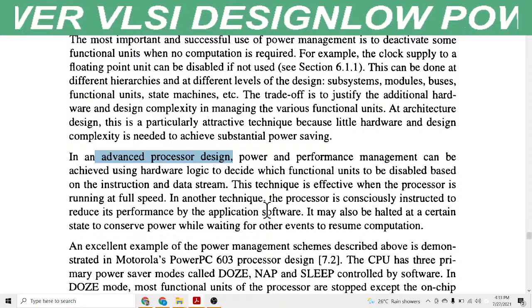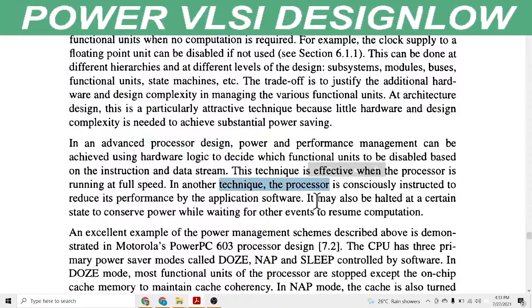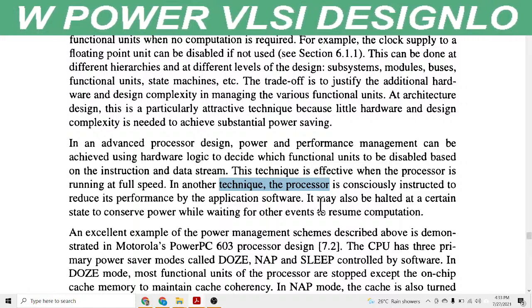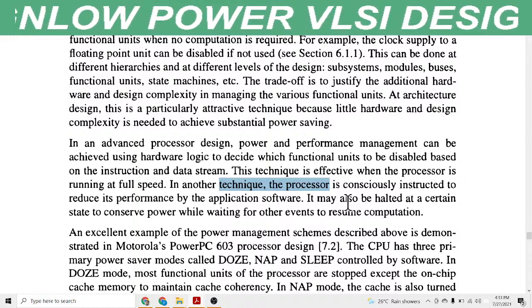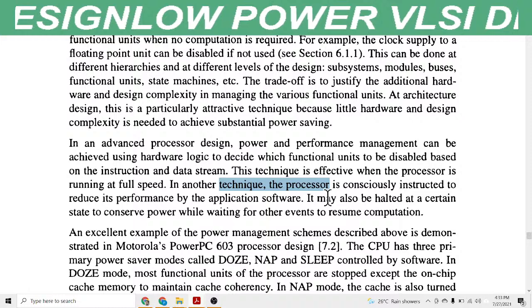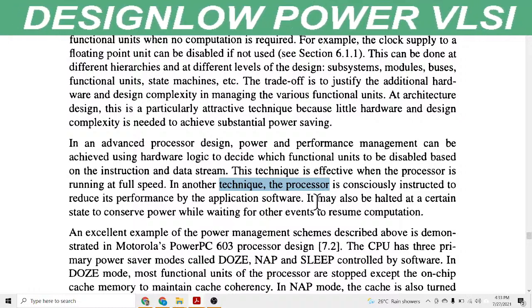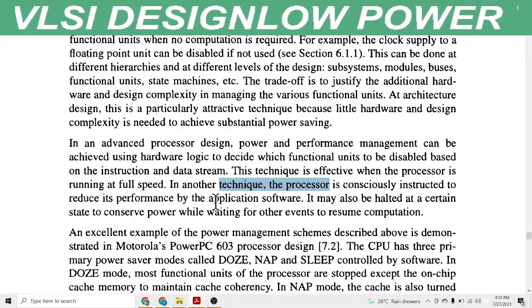This technique is effective when the processor is running at full speed. We can use some other circuit or technique also, in which we can use some application software for this power management purpose.